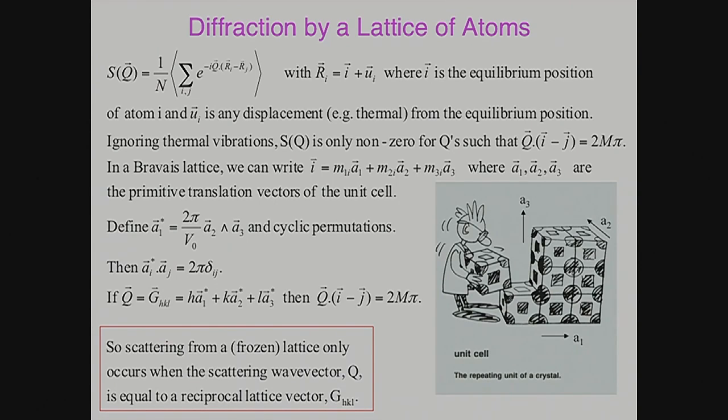so-called reciprocal lattice, a vector which is perpendicular to planes of atoms in the crystal, and whose length is equal to 2 pi divided by the spacing of those crystal lattice planes. So that means that in order to get this Bragg scattering from a single crystal, you have to orient the crystal accurately, depending upon what the incident wavelength of the radiation is.